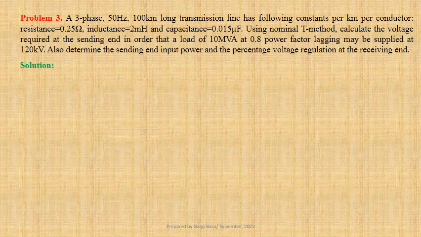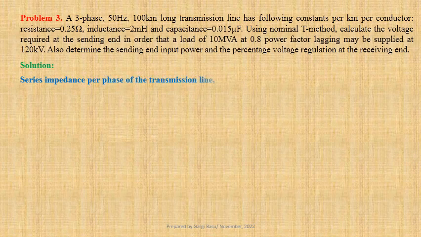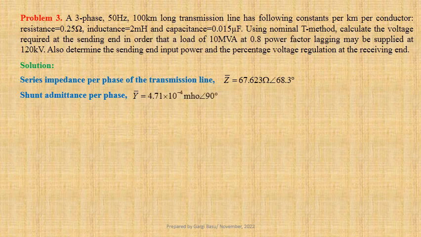We have obtained series impedance per phase of the transmission line Z equals to 67.623 ohm at an angle 68.3 degree, and shunt admittance per phase Y equals to 4.71 into 10 to the power minus 4 mho at an angle 90 degree.